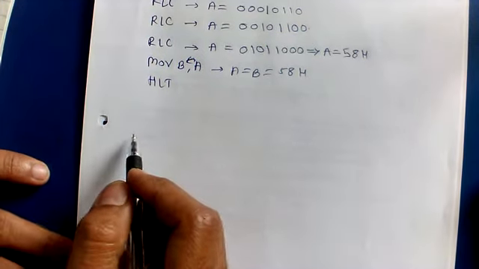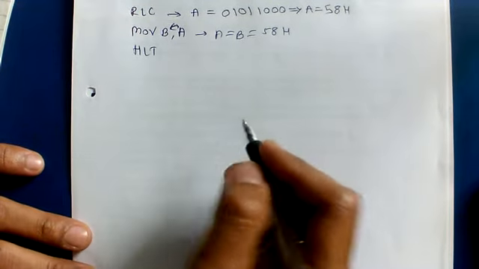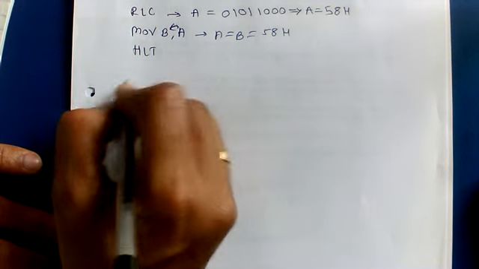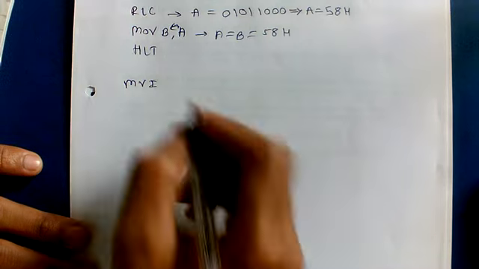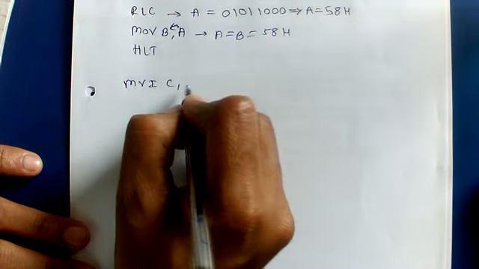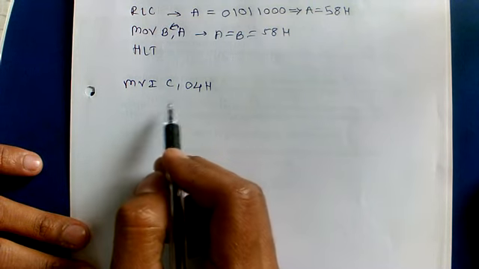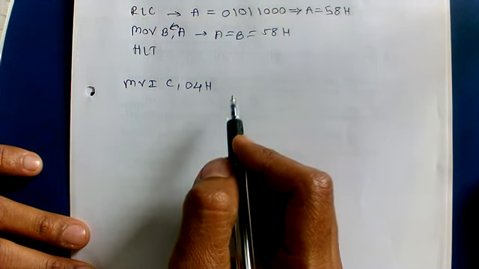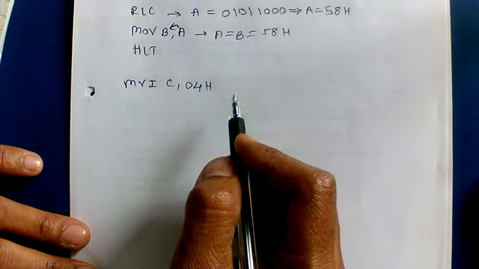Okay, the same program but by using loop or looping concept. So first instruction is MVI C, 04. So as we discussed last time, the first part of the program, here we are going to initialize the memory pointers and counters.